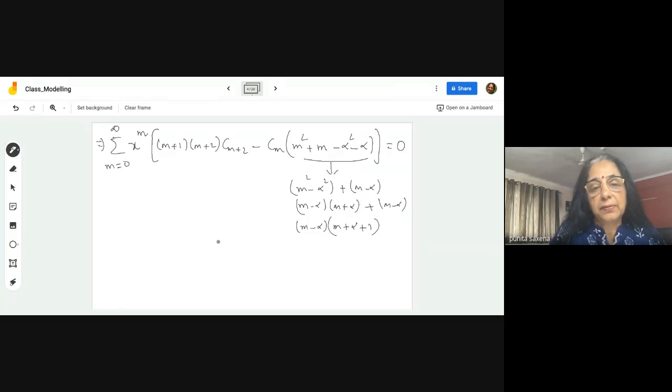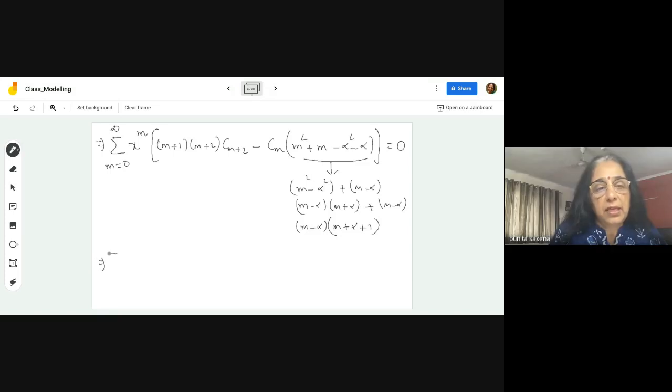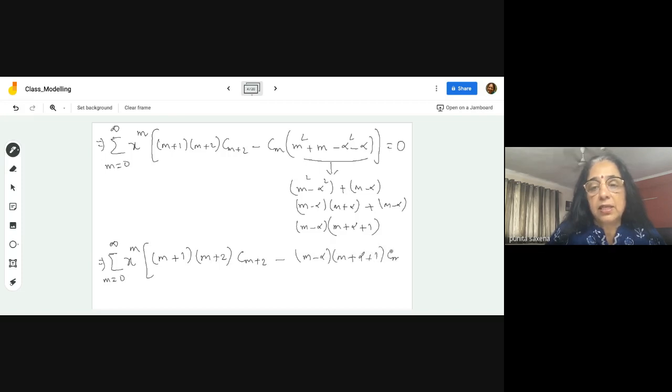Am I right? Yes, ma'am. That means my equation is now actually this: m plus 1, m plus 2, c m plus 2 minus m minus alpha, m plus alpha plus 1 cm equal to 0. I mean, in a simplified form. Isn't it this?